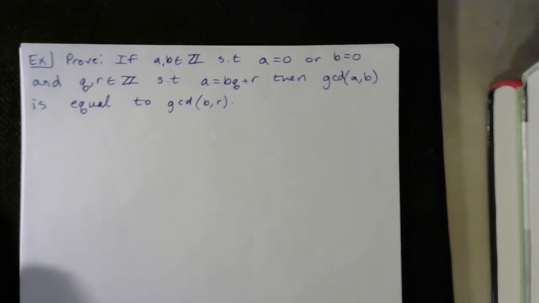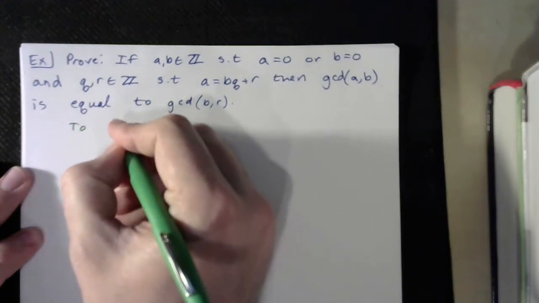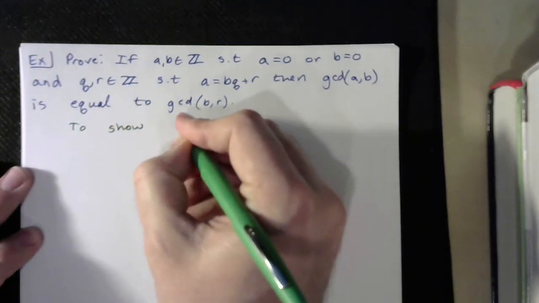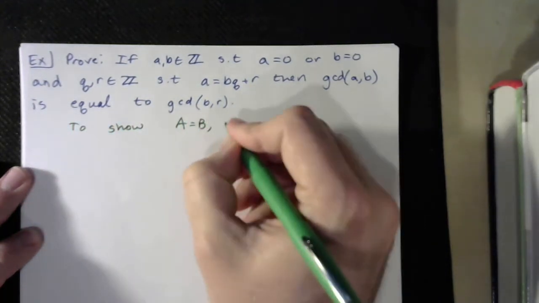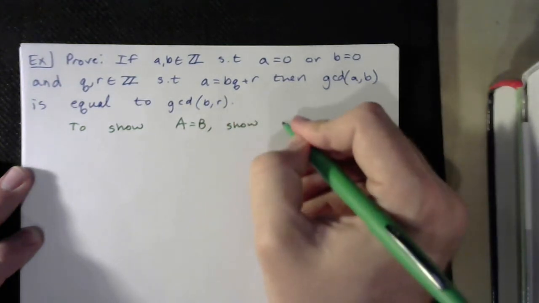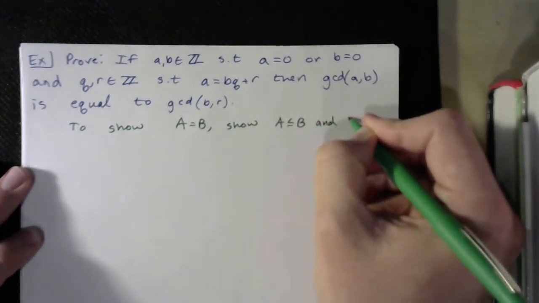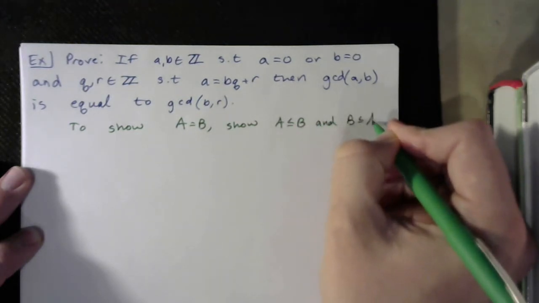So there is a very specific way that we show two values, two variables, are equal in number theory. To show a equals b, we need to show that a is less than or equal to b and b is less than or equal to a.